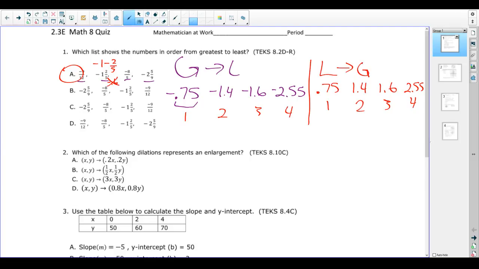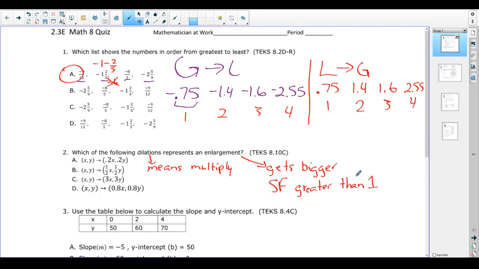Alright, number 2. Which of the following dilations represents an enlargement? So dilation, there's really no other options here. Dilation still means multiply. An enlargement means it gets bigger. And to have a dilation that gets bigger, the scale factor has to be greater than 1.